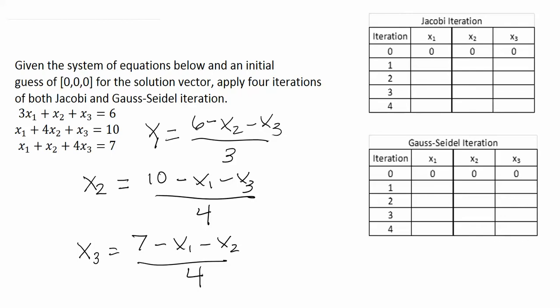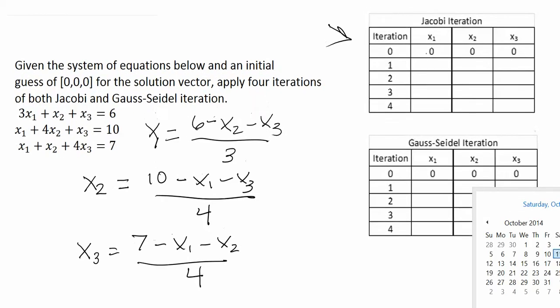So with those three equations, we're ready to start both these applications. We need to use our initial guess, and we're going to start first with Jacobi iteration. So we're going to solve for x1. After iteration 1, we have 6 minus 0 divided by 3 for an answer of 2.0.